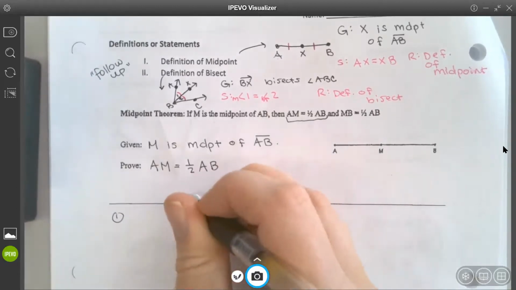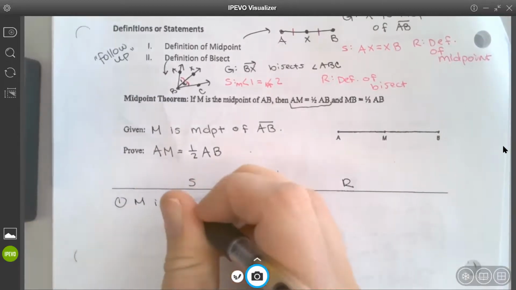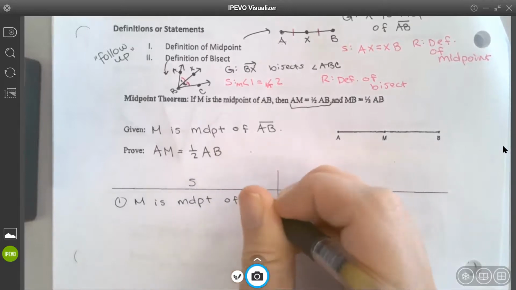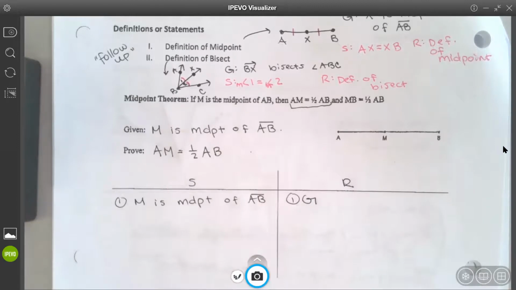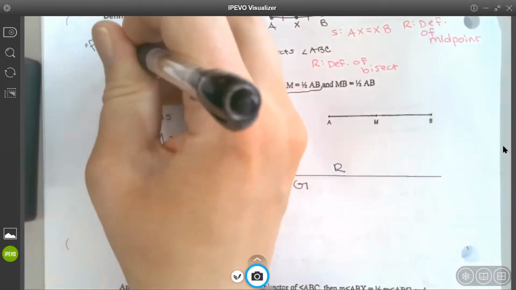So, statements, reasons. My first statement is always my given. So M is the midpoint of AB. Given. Anytime I am given midpoint or bisect, I have to follow it up.